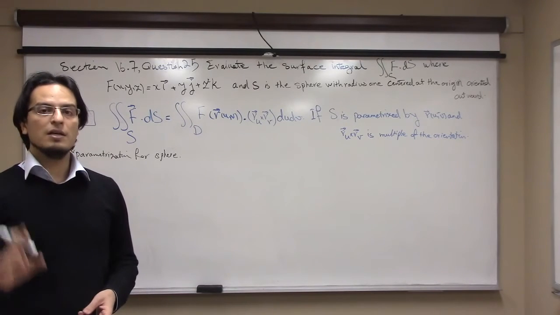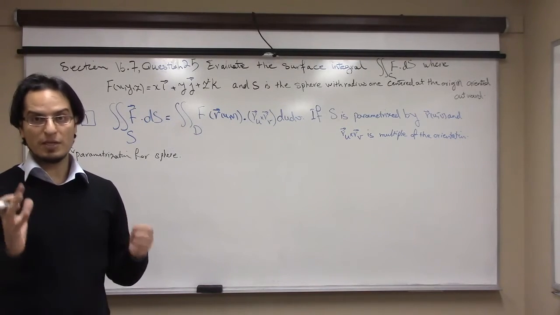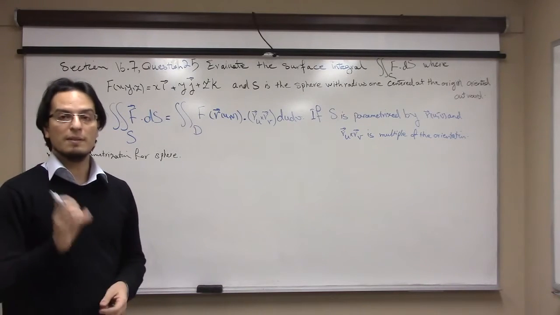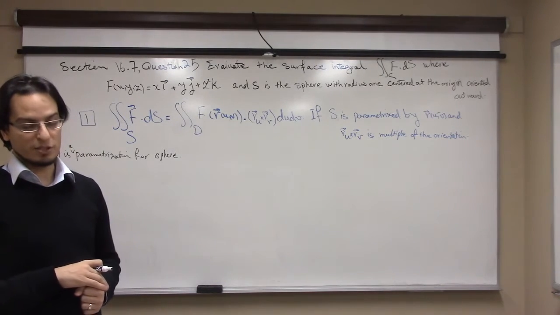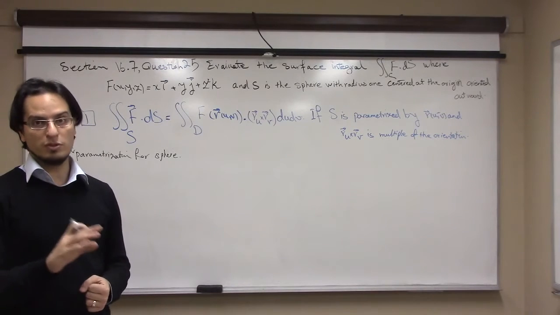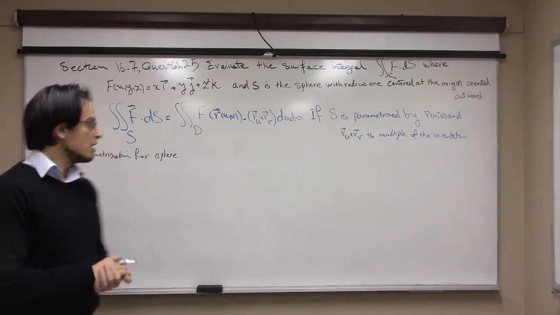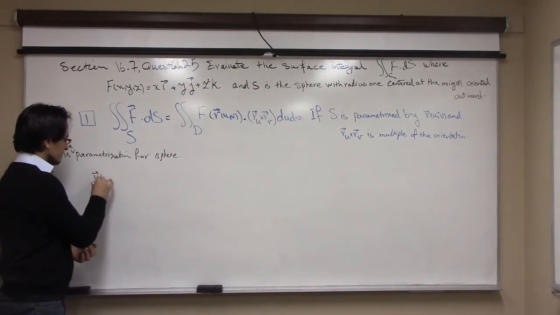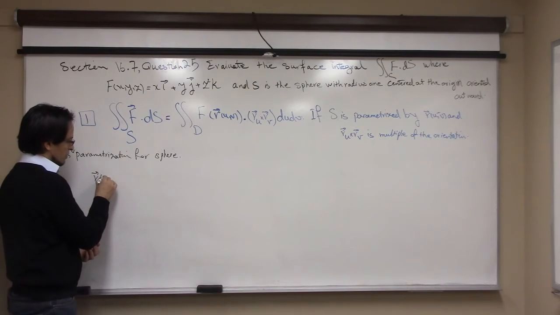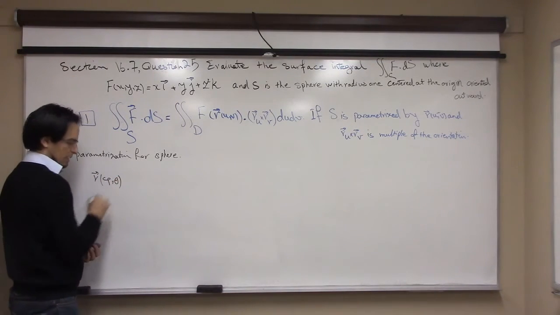For a sphere centered at origin, the best parameterization would be the one given by spherical coordinates or spherical angles. So here, let me write phi and theta.